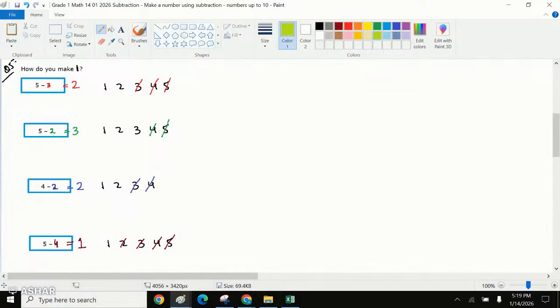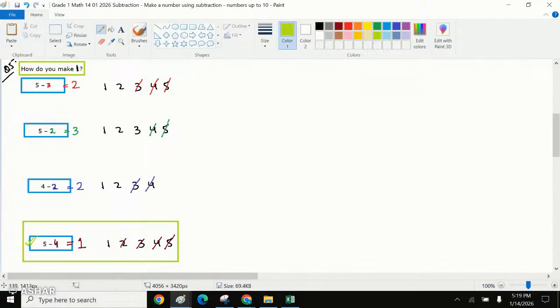The question said, how do you make a 1? So 1 is the answer for only one statement. That is 5 minus 4. And we also know that any two consecutive numbers are those numbers which come after each other.